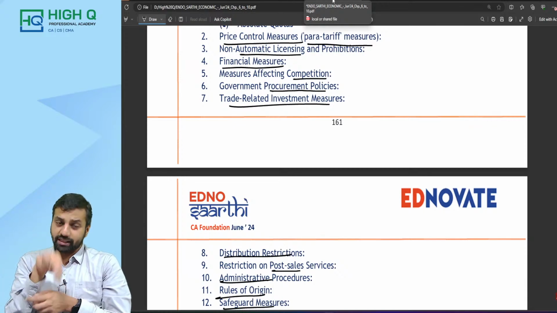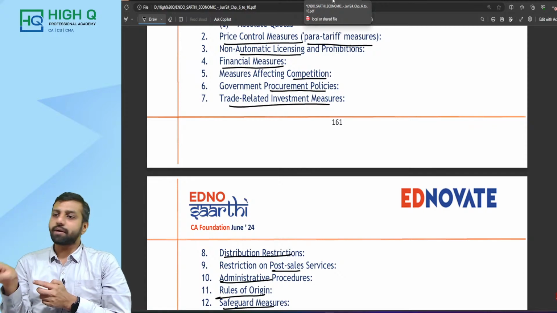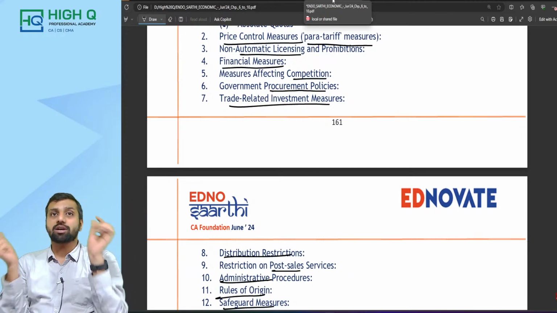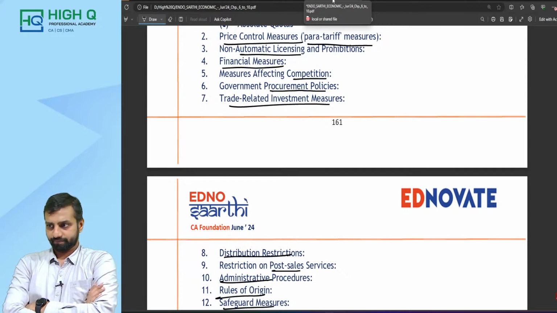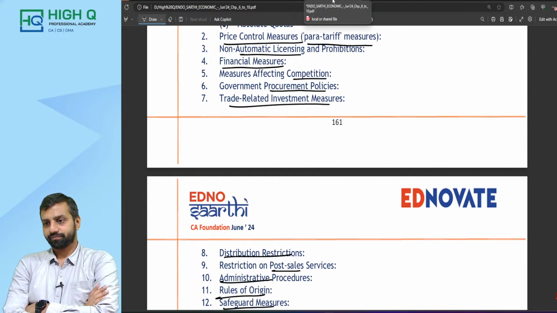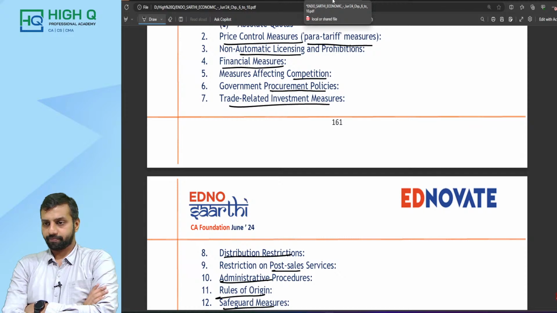People employed in that service sector are Indians. So the advantage that you get is employment is generated and there is a shift of technology from US to India because Apple will train the employees in India. So that is an advantage for us, right? So this is not a tariff measure, it is a non-tariff measure.